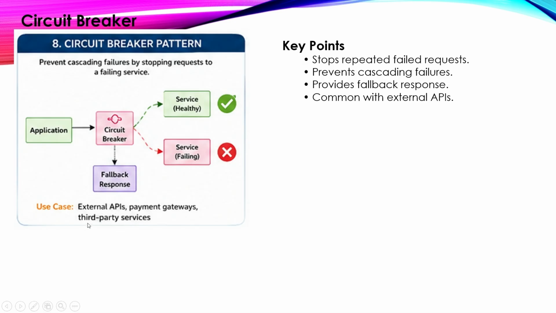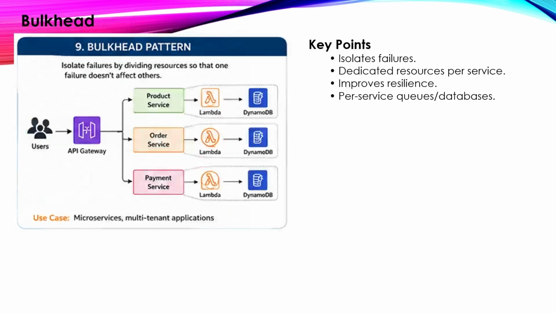When we are doing an external operation, external services or a payment gateway, this will be the best architecture pattern to use. Stop repeated failed requests, prevent cascading failures, provide a fallback response, common with external APIs. So it prevents cascading failures by stopping requests to failing services. This is one of the good architecture patterns to use when you are doing some external operation.